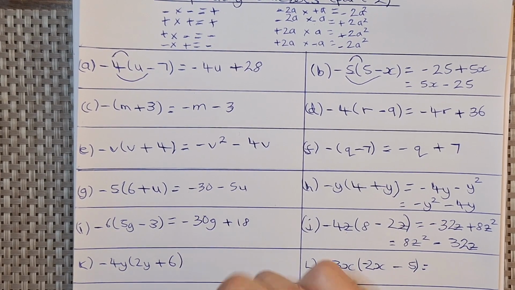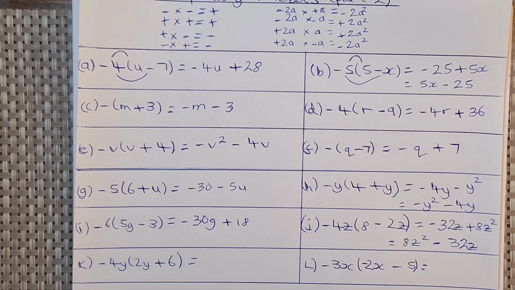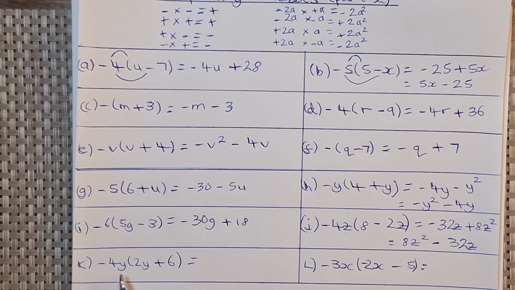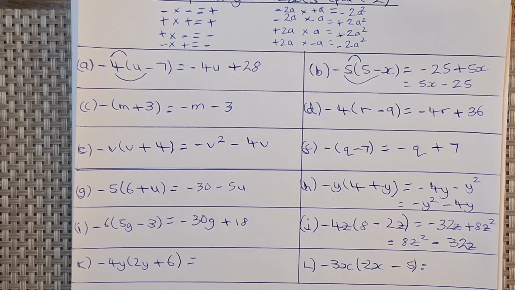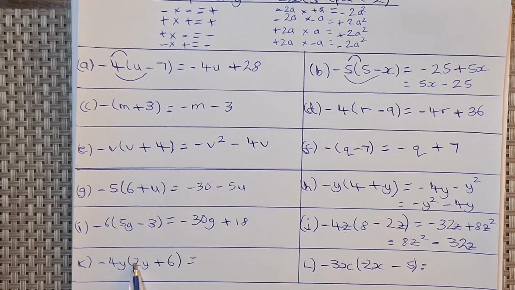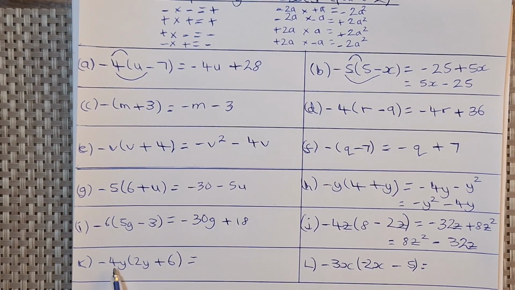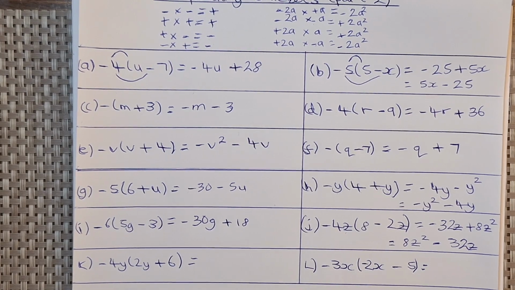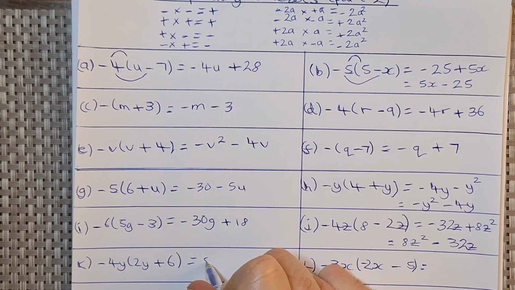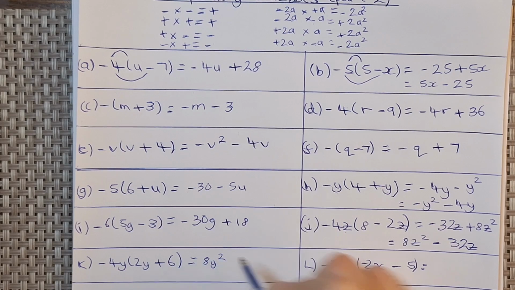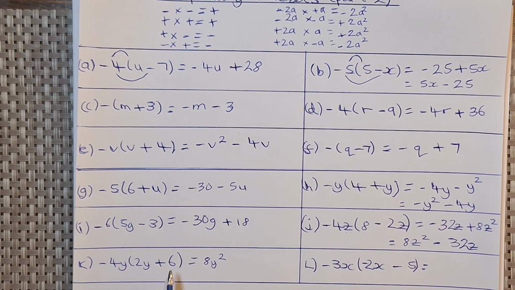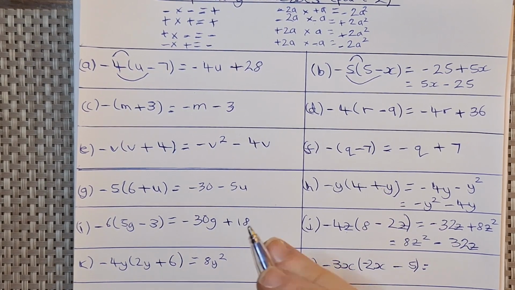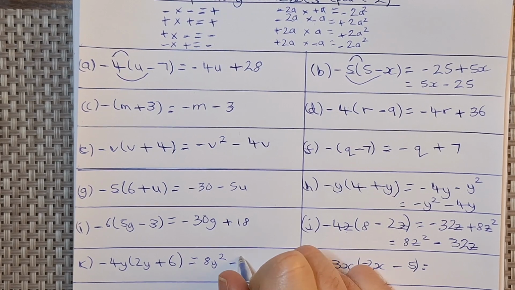Next question, we have minus 4y times 2y. A minus times a positive is a negative. 4 times 2 is 8, and y times y is y squared, so minus 8y squared. And we have minus 4y times 6, which gives minus 24y.